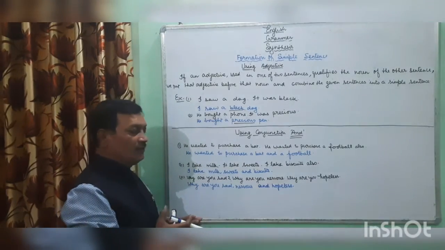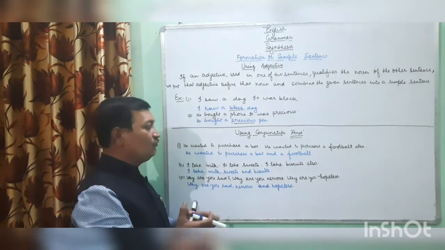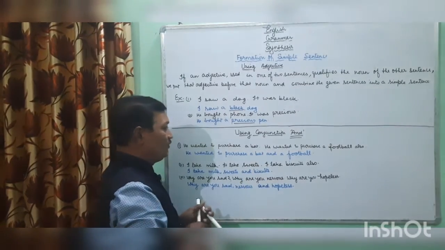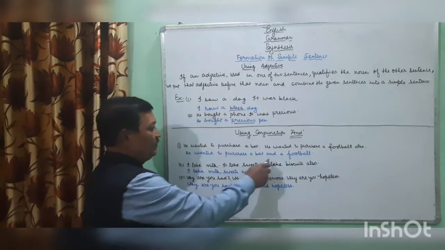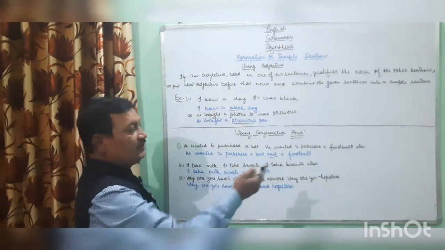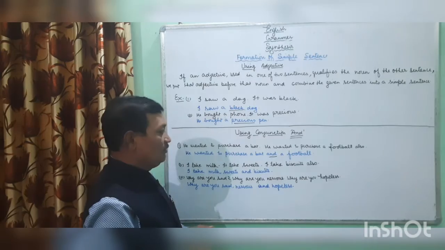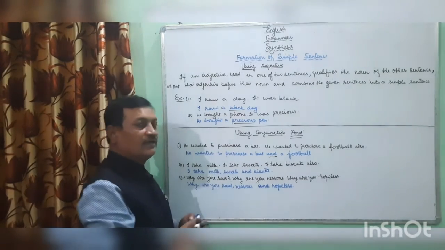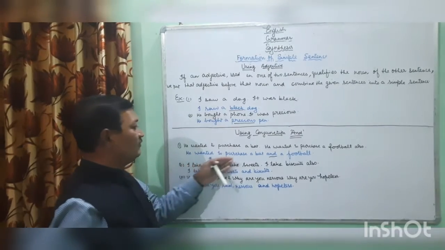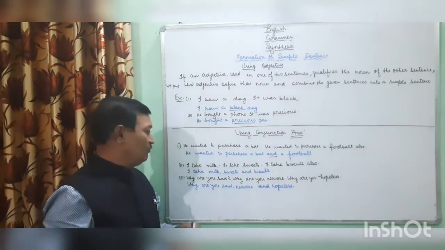So we'll combine these sentences into a simple sentence with the help of the conjunction and. Okay, let's add. He wanted to purchase a bat and a football. Students, here we are adding just two words, not two statements. So this sentence is a new sentence, which is a simple one.